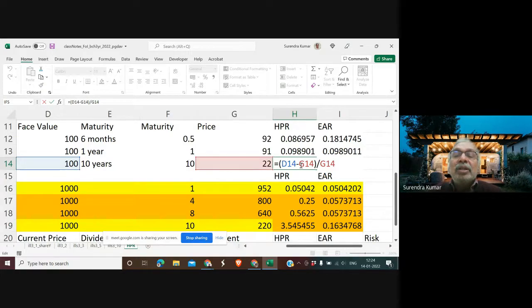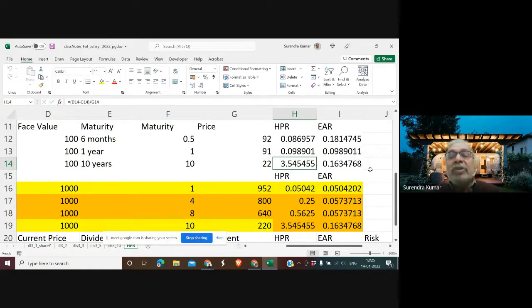So when we calculate it for 10 years, we find this one is giving us 16% return. So of these three cases, in fact, the first case, which is a 6 month maturity zero coupon bond, is giving you the best return. Is this example clear?